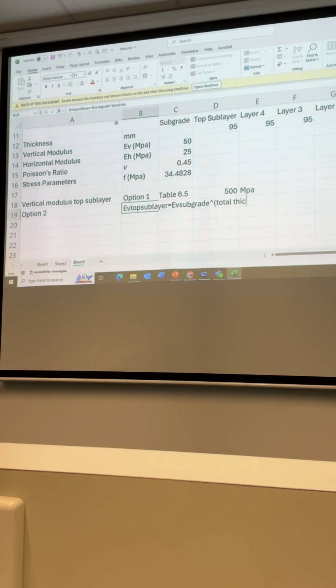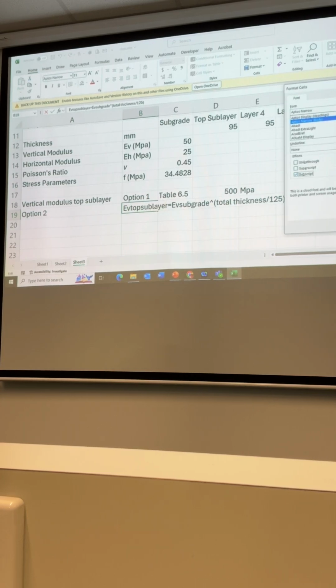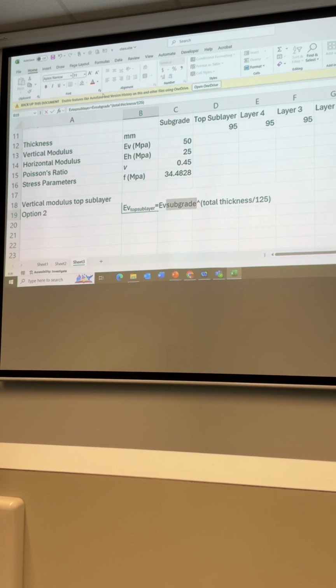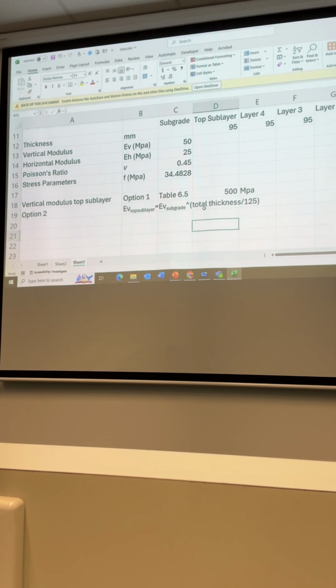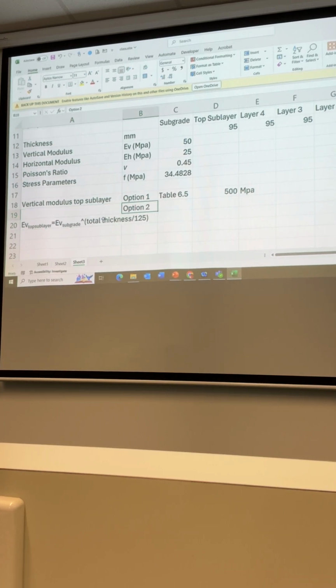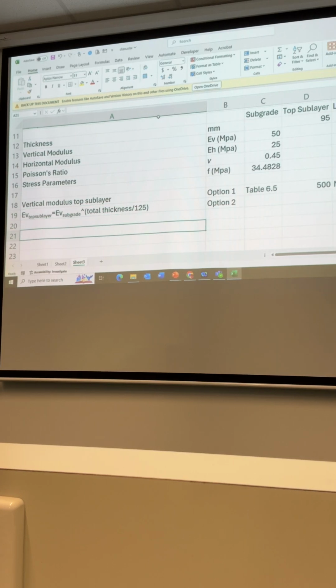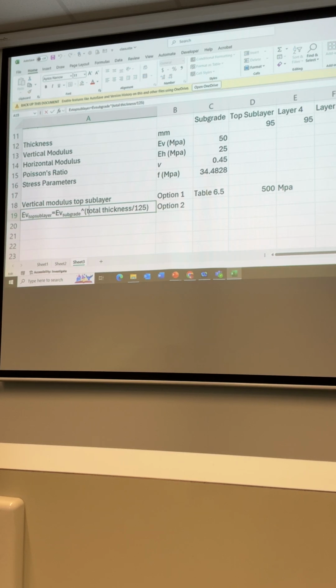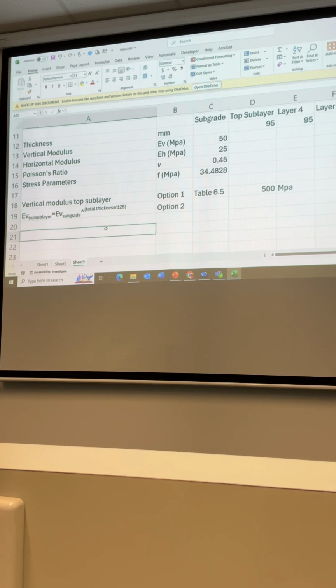Total thickness divided by 125. And then I'm going to put this as a subscript. And leave it like that, maybe?